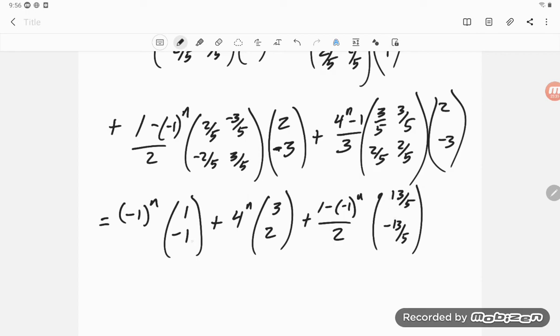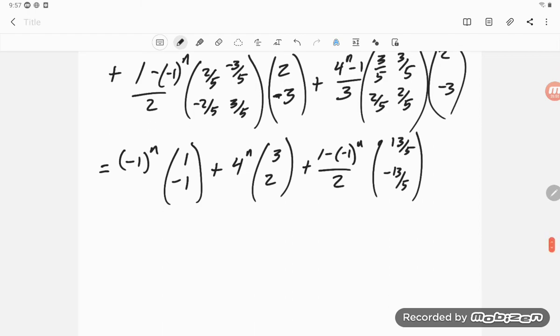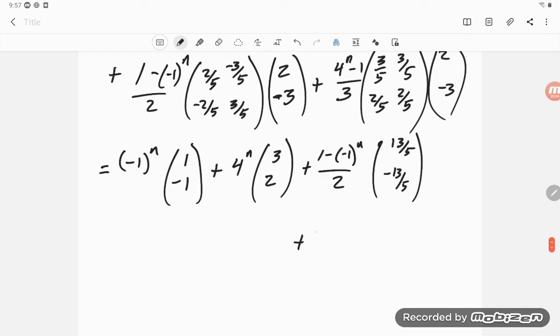Notice that's also an eigenvector because it's of the right form, 1 and -1. But notice it's not the right multiple. And even if I brought the 2 in and so forth, it's not the right multiple. And so I'm not sure what's going on there, but again, probably somebody who does this a lot would be able to tell us. 4n minus 1 over 3.